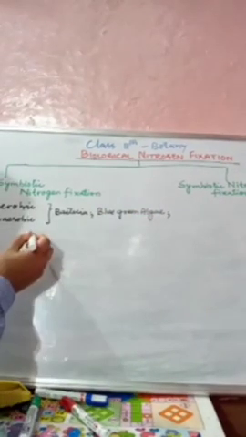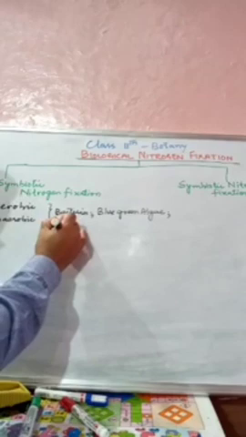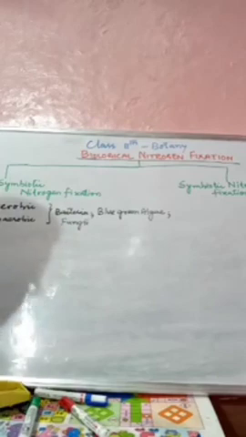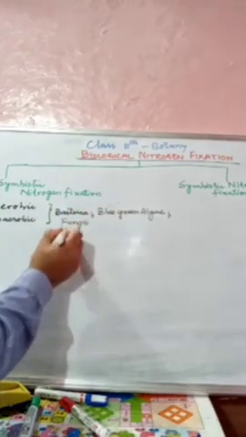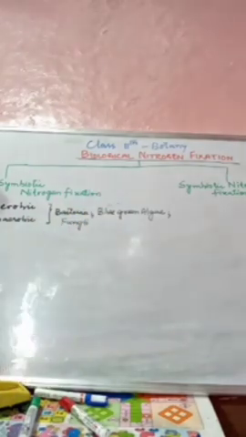Then it is shown by fungi, etc. So by aerobic and anaerobic bacteria, and also by blue-green algae and fungi. Now I will give examples of organisms which show this non-symbiotic nitrogen fixation.